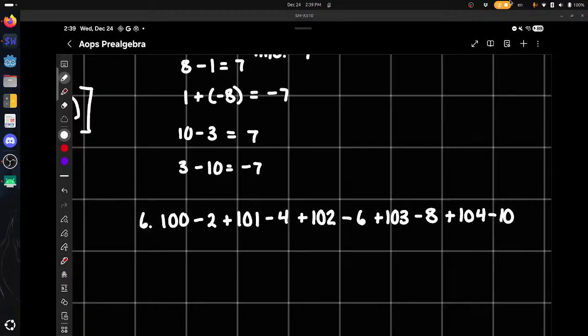So we turn these all into addition. Get 200, 300, 400, 500. We get 6, 12, 20, and 30.